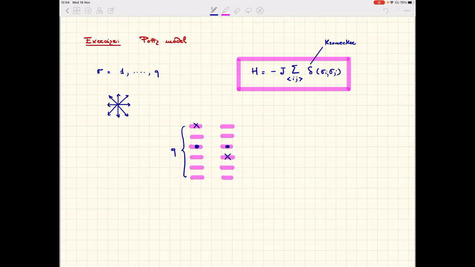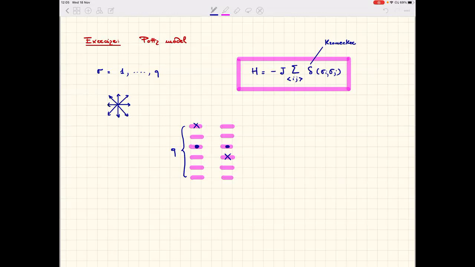They don't interact. They interact only if they are on the same level. That's it. Of course, this kind of Hamiltonian will tend to favor configurations in which all spins are pointing the same way, all variables are at the same value, right? Because that's what minimizes the energy. Correct?